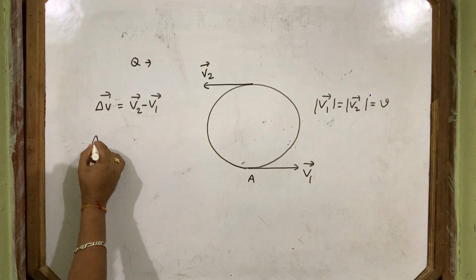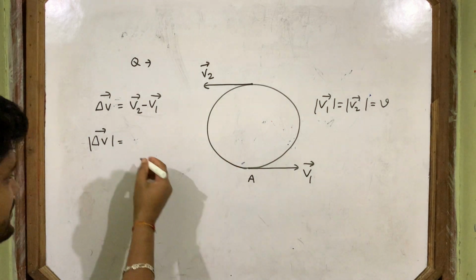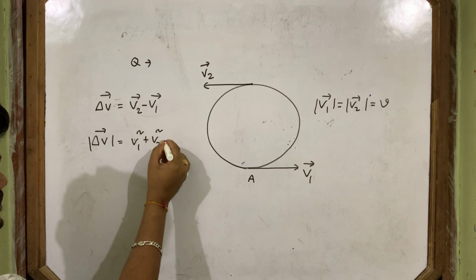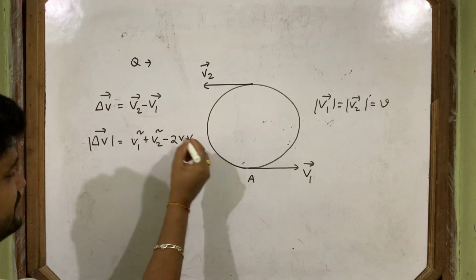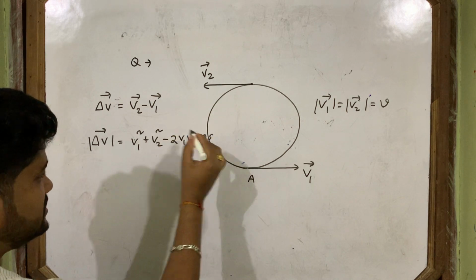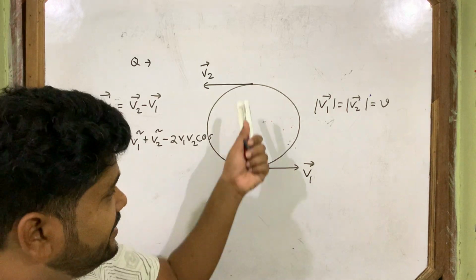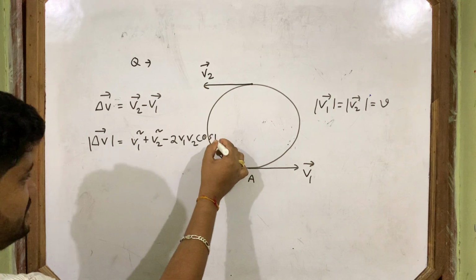How will you do it? You can use the formula directly. What is the formula? Root over v1 square plus v2 square minus 2 v1 v2 cos of the angle between them. What is the angle between them? The angle between them is 180 because they are anti-parallel to each other.